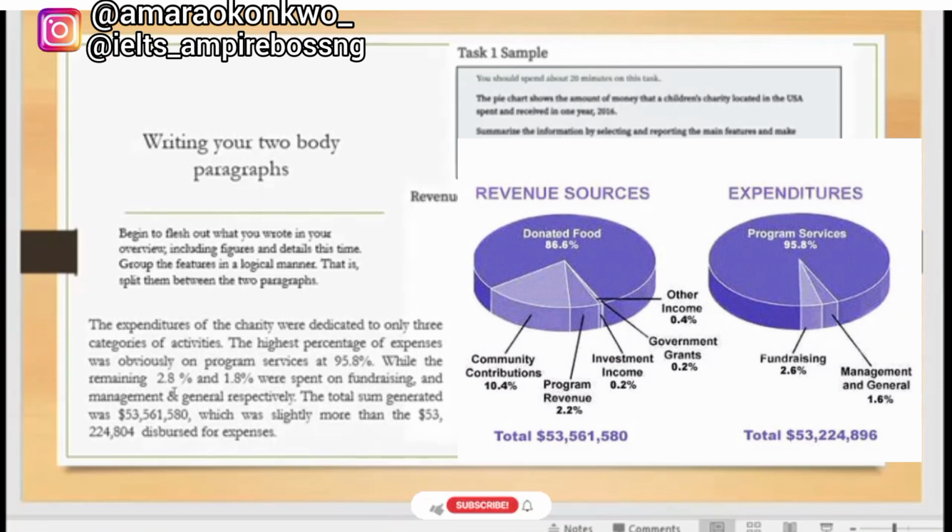The total sum generated was $53,561,580, you understand, which was slightly more than the $53,224,804. You can clearly see that the numbers are close. So this is just it. This is your report.